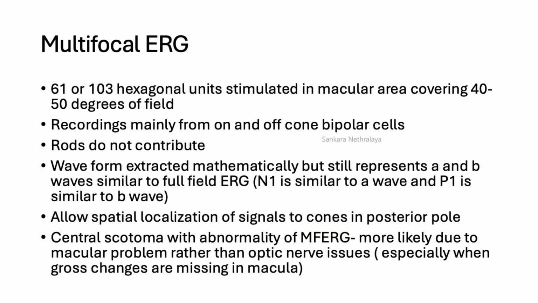So in the small waves, the first negative wave is called N1, the next one is called P1, okay, and then N2. Those are similar to the A wave and B wave of the normal bright flash ERG. They allow spatial location of local signals to the posterior pole.